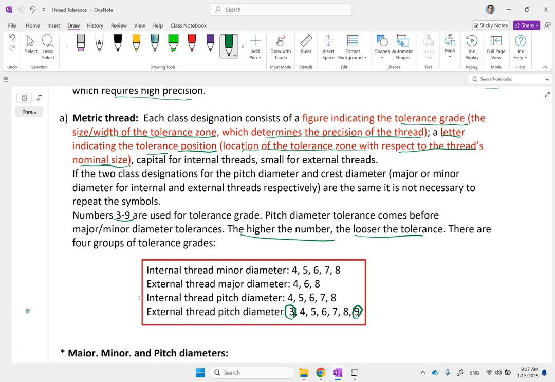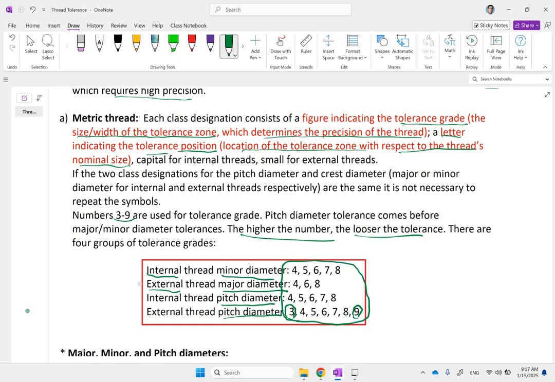That's one thing. Two, depending on whether the thread is an internal thread or external thread, and whether it's for pitch diameter or minor or major diameter, there are only different classes that are allowed.